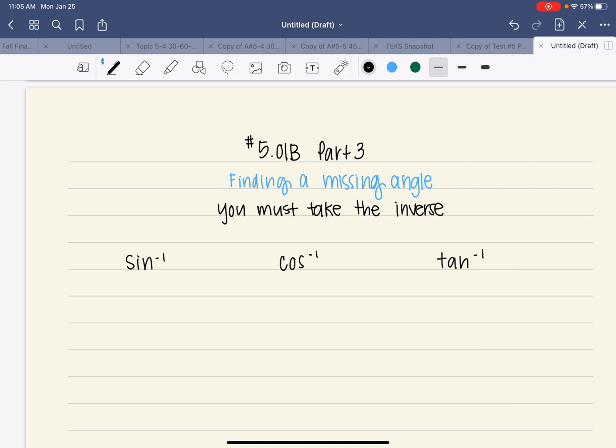Now, nothing changes. When we want to find the measure of an angle, it's still sine when we use the opposite side over the hypotenuse. Same thing with cosine. When we want to find an angle, we use the inverse of cosine and we do adjacent over hypotenuse.